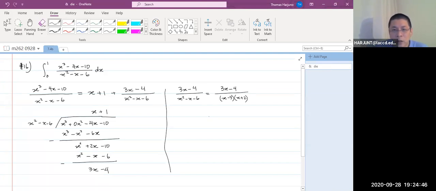Notice that the denominator is linear factors without repetition. So the denominators will have x minus 3 and x plus 2, and the numerator will be 1 degree less. So it must be a constant here, and there's another constant here.